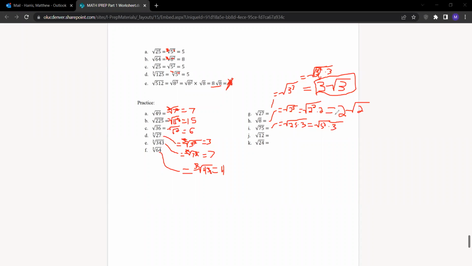So once again, we cancel out, right? 5 squared, we can get rid of that squared, it gets outside. So now we have 5 square roots of 3. So go ahead and try J on your own. Go ahead and pause the video, we'll try it out, and then we'll see if you can get it on your own, and then we'll come back together and work on it.